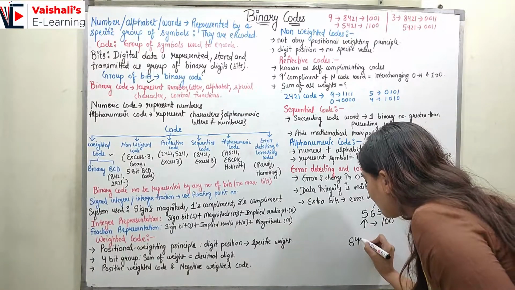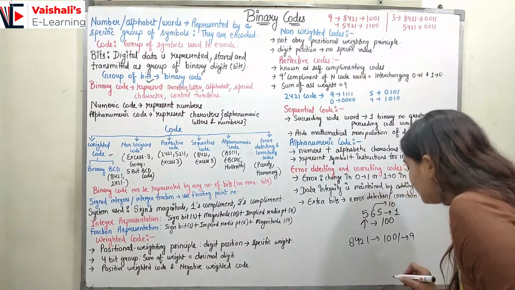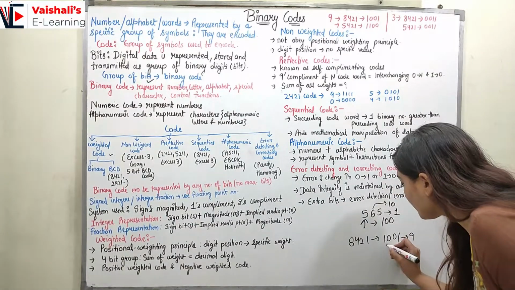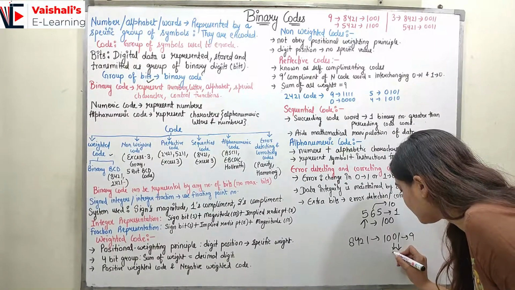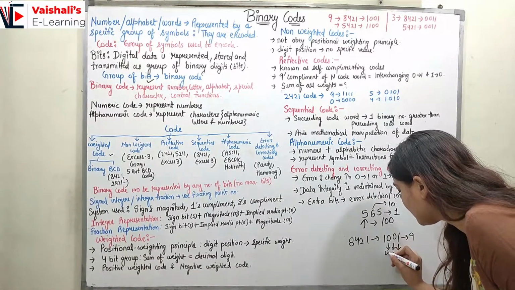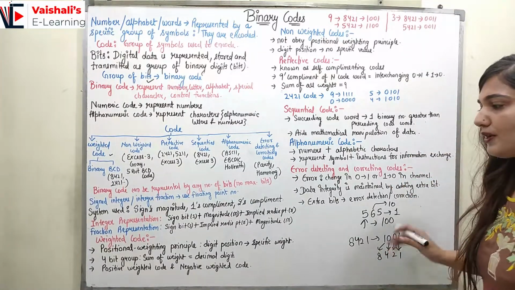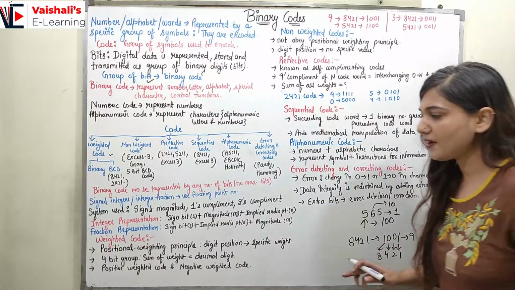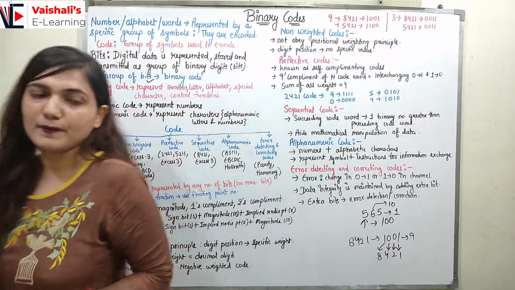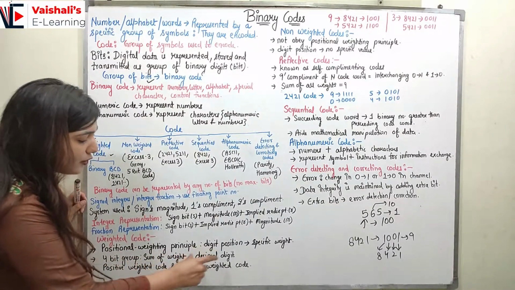Then 8421 code. In 8421 code we have 9 represented as 1001. So now here this position is representing the weight 1, this position is representing the weight 2, this position is representing the weight 4, and this position is representing the weight 8. So in this manner, every position is represented by a specific weight in the weighted code. Now the 4-bit group will be having sum of weights equal to the decimal digit.